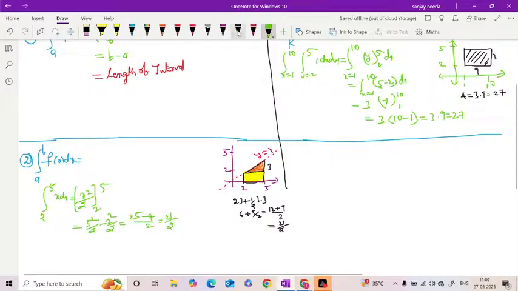That means here, what is the expected result? Integral a to b f of x into dx gives the area. Okay, and come to the double integral. Same in the double integral.